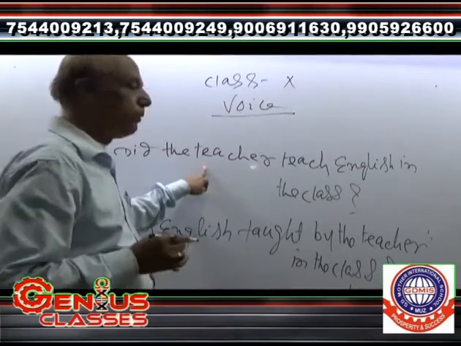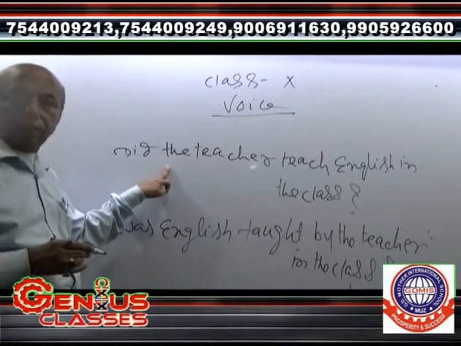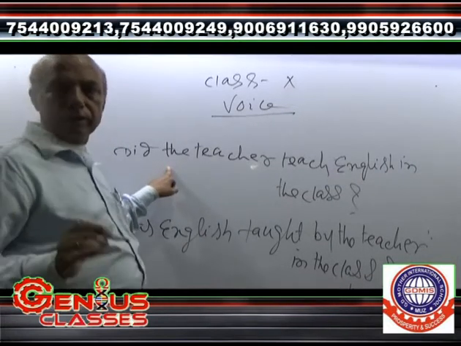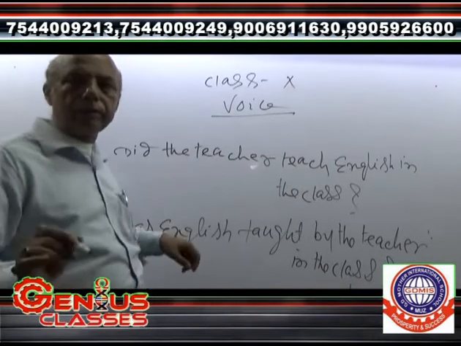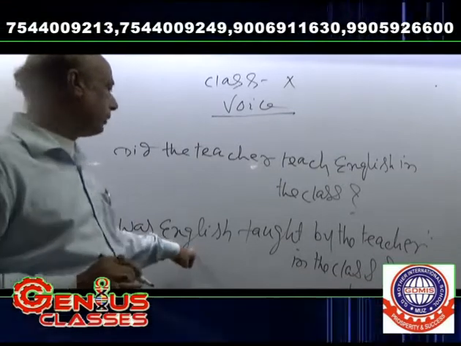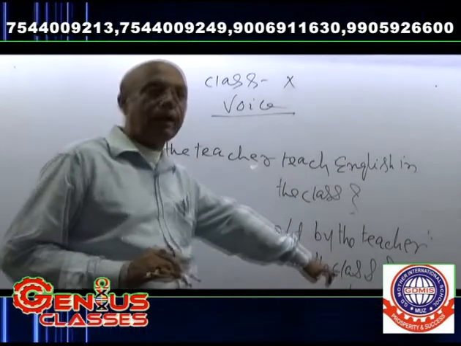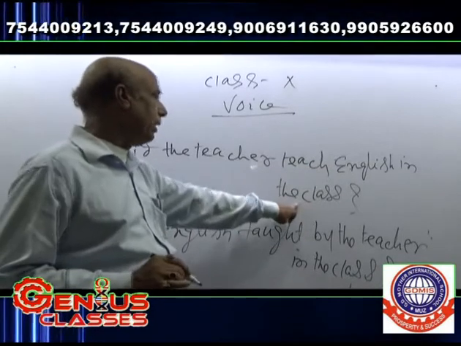It was in active and it is in passive. It means this sentence is in active past, in simple past. It is an interrogative of the simple past. It has been changed into passive and it has been made: Was English taught by the teacher in the class? In active, did the teacher teach English in the class?